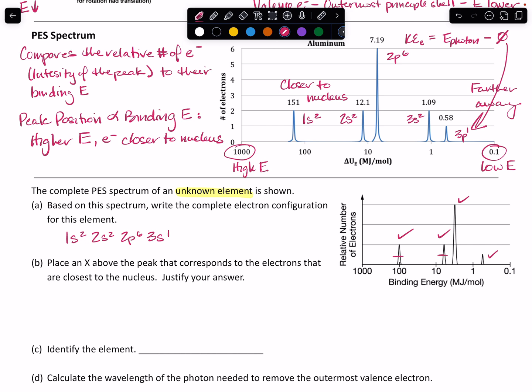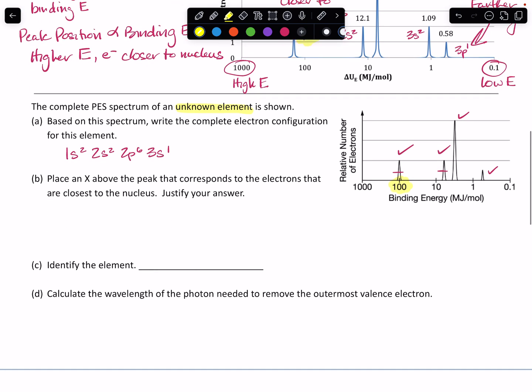Therefore, the binding energy of these electrons is generally increasing, which is why the 1s2 electrons for aluminum are around 151, whereas for this element, they're closer to 100. Because this element has fewer protons than aluminum, its electrons are not held quite as tightly. So the binding energies for all of them should be shifted a little bit lower than what we see for aluminum. But let's go back to the question.